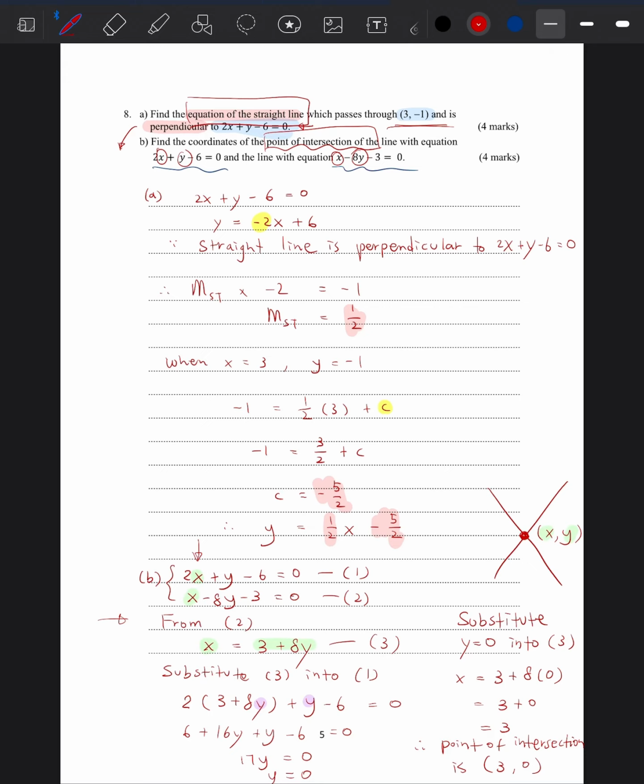It doesn't matter whether you use the method of substitution or the method of elimination. I know that some of you are not familiar with simultaneous equations, so I will post a video or upload some notes about simultaneous equations again. I will post it separately, so you can have a look at how you do your simultaneous equations.